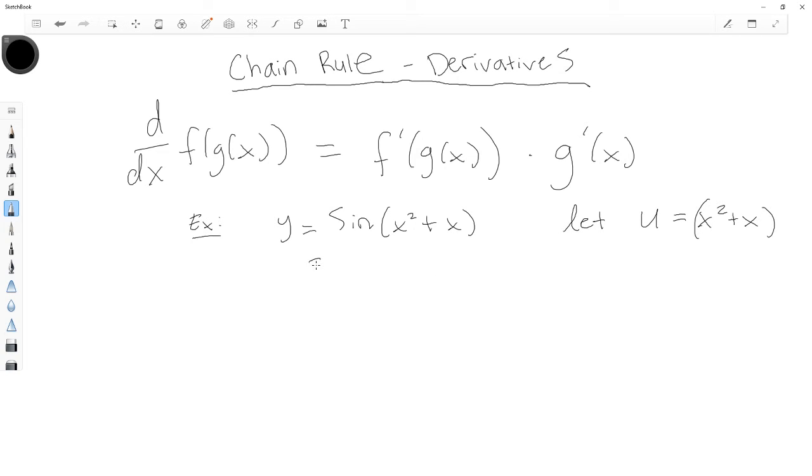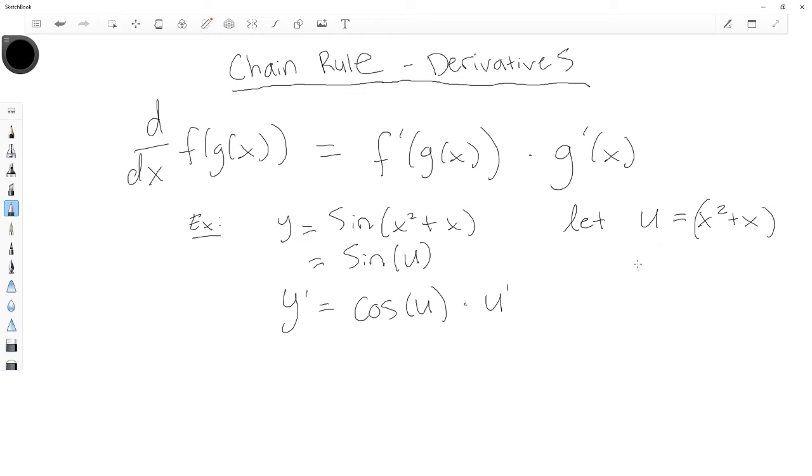And so we can rewrite this as sine of u, because u equals that. And to take the derivative, we would just take the derivative of sine, which is cosine, and then we'd let u stay inside, times the derivative of u.